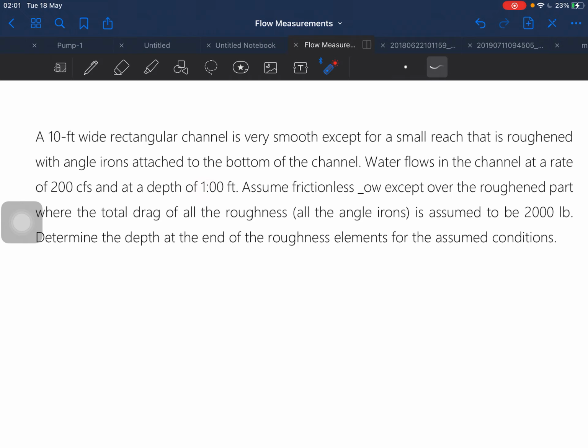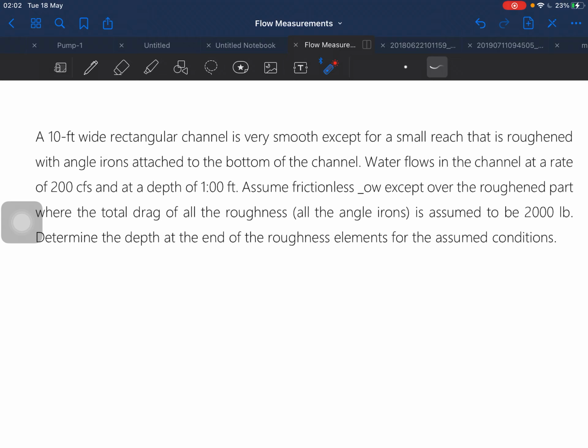A lot of typos, sorry. Assume frictionless flow, except over the roughened part, where the total drag of all the roughness, pointing to the angle irons, is assumed to be 2,000 pounds. Determine the depth at the end of the roughness element for the assumed conditions.